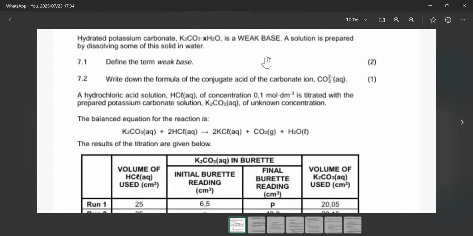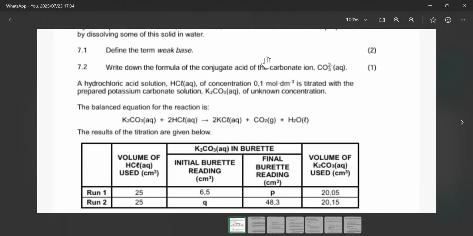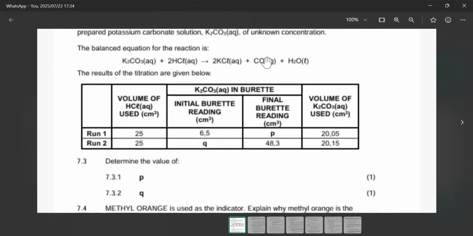We have 1 mole of potassium carbonate reacting with 2 moles of hydrochloric acid in order to produce 2 moles of potassium chloride, 1 mole of carbon dioxide gas, and 1 mole of water. The results of the titration are given below in this reaction. In fact, a table, sorry.